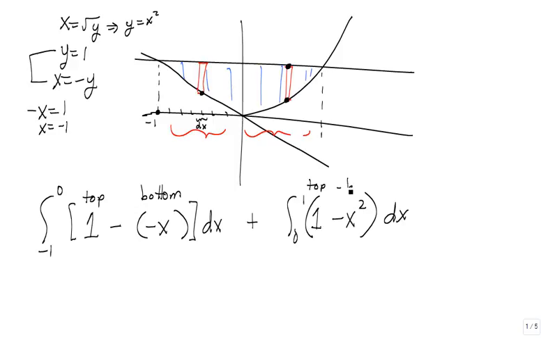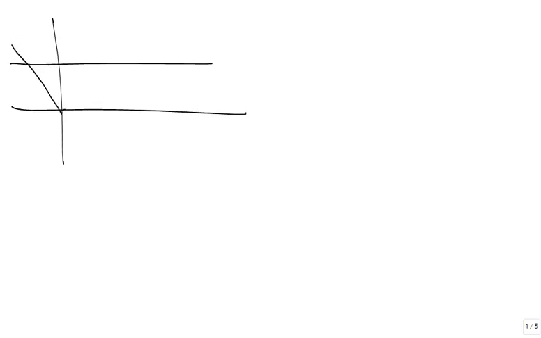This is top minus bottom. If you don't want to break them up, though, then you can integrate in terms of y, and just use a rectangle that goes like that, because your left and your right function do not change when you do that. So in that case, you're going from y equals 0 to y equals 1, dy.